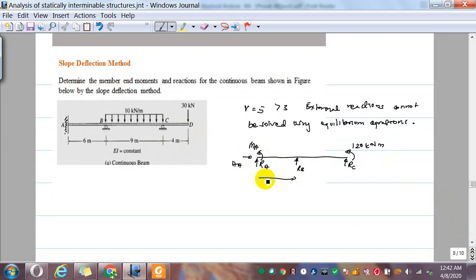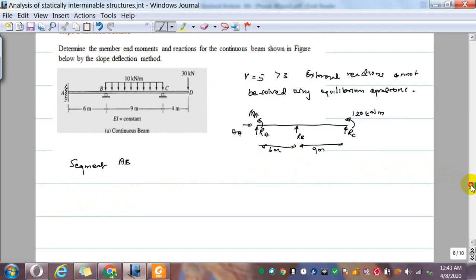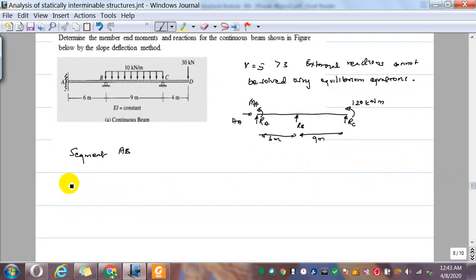So I have here 6 meters and this distance is 9 meters. If I consider 2 segments, AB and BC, then for segment AB you can have the equation MAB.